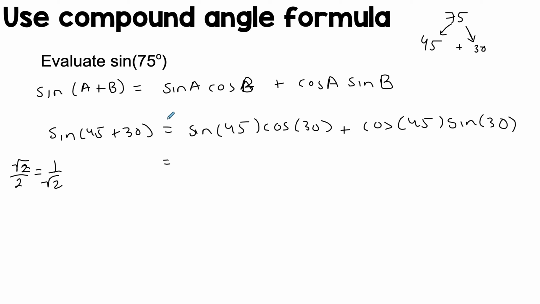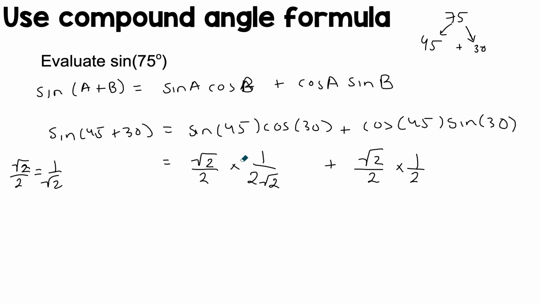So say I use root 2 over 2, and then this will be the same, and then sine 30 will be just 1 over 2. And these are all being multiplied by each other.